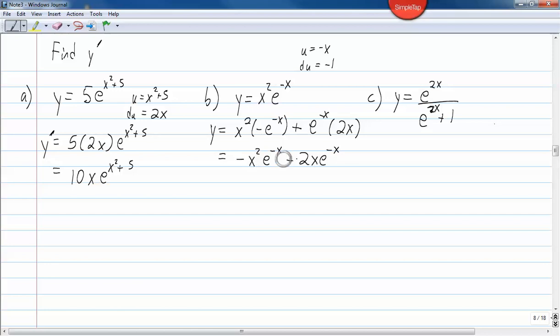This answer is okay, but I can write it in factored form. So I'm going to factor out a negative, since my first term is negative. I'm going to factor out an x to the first, since I have an x to the first and an x to the second. And I'm going to factor out an e to the negative x. Let's see what that leaves me with. I should have something real pretty here in these parentheses.